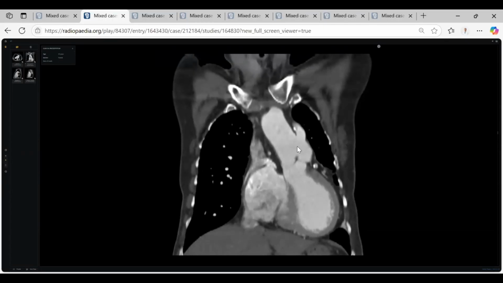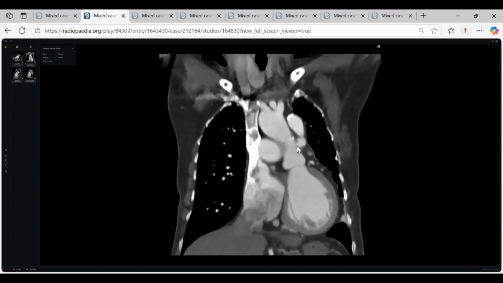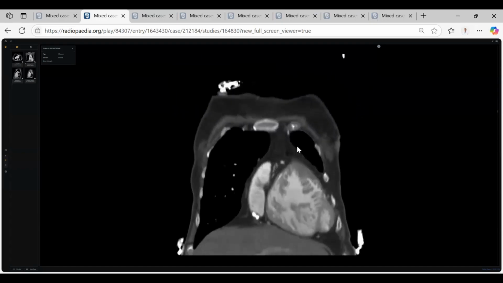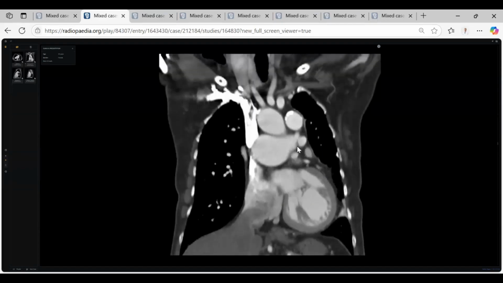Okay, my colleagues. Besides that, there is marked enlargement of the right main trunk and mural thrombus of the left pulmonary artery, plus a right aortic arch. There should be a VSD here. I don't know if you can detect it or not.